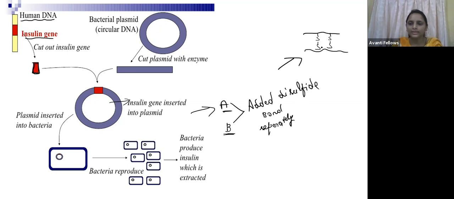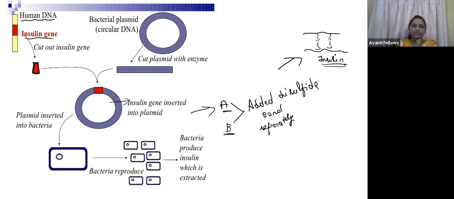Now we have got the complete insulin. As I told you first, whenever we use the bacterial host, there is one problem: it is not going to give complete insulin. Processing should take place and the C peptide must be removed, but that does not take place in the bacteria.